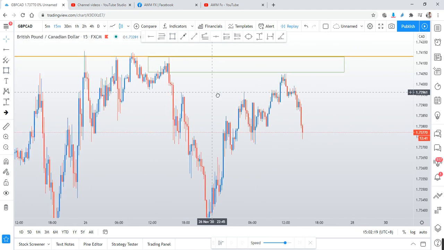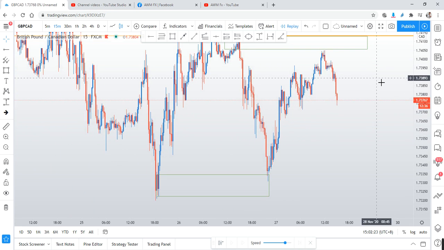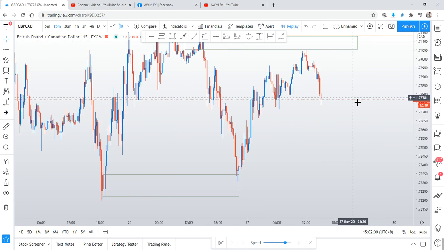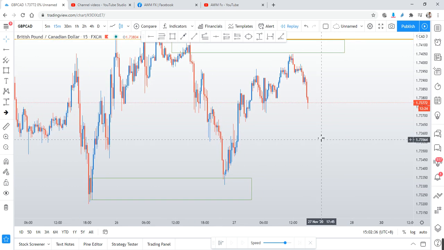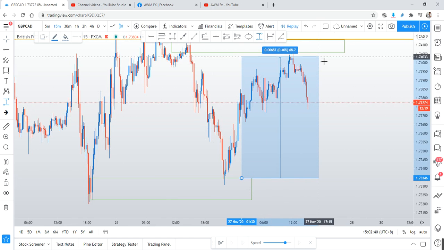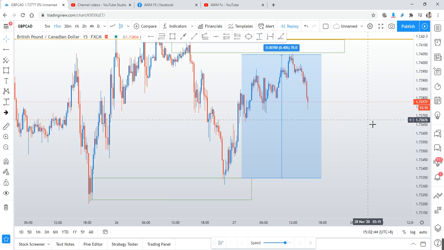Sometimes life might give you lemons, so you make lemonade out of it. I have two stop losses, 8 pips each, around 16 pips, and from here to here I have 70 pips profit. That is why I always say that I like sniper entry.